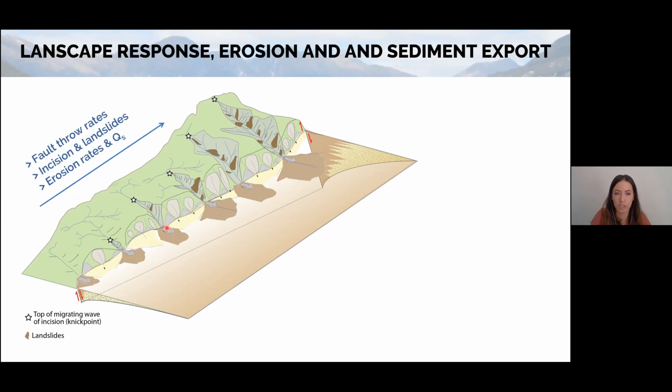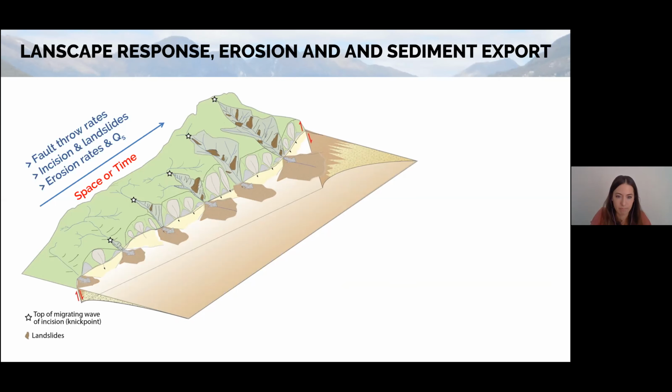And this incision is going to propagate upstream in the form of an upstream migrating knickpoint, which is this stuff here. These were identified by breaks in slope in the river long profiles. As incision propagates upstream, the valley sides are going to steepen, often beyond their equilibrium angles, and landsliding is going to start becoming the dominant erosional mechanism.